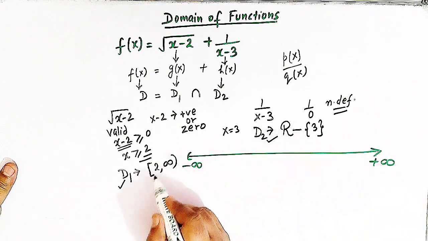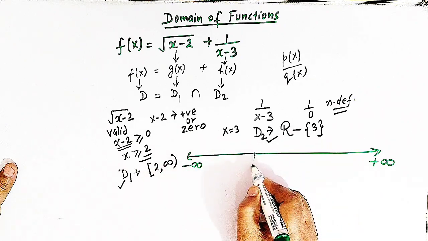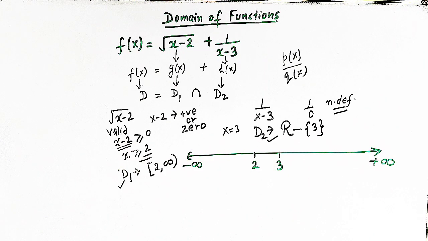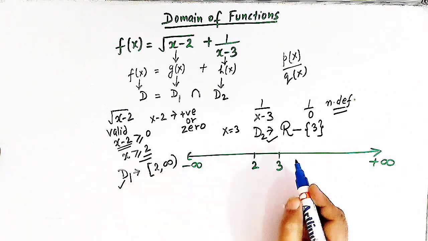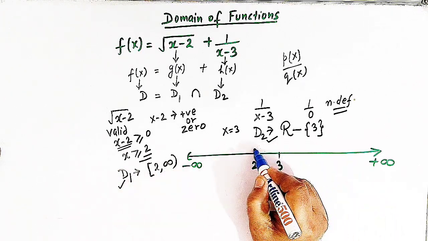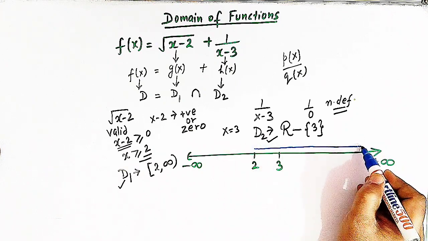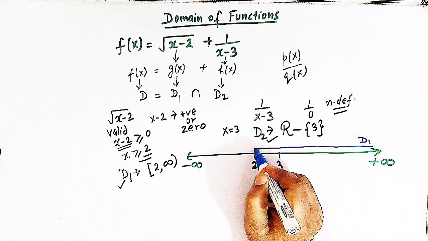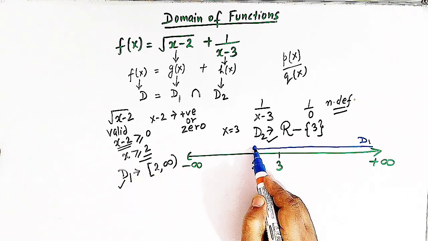Let us plot the points 2 and 3, and here we have 2 and here we have 3. Let us first represent D1. D1 is from 2 to infinity, so we'll go like this. This is the region which represents D1, and remember here this 2 is included, right?